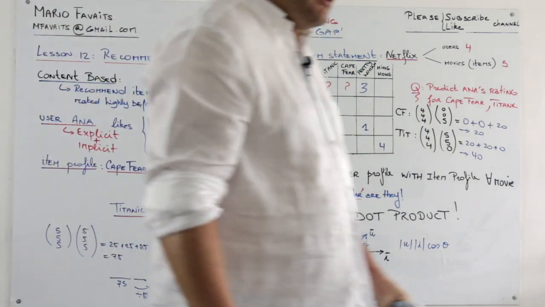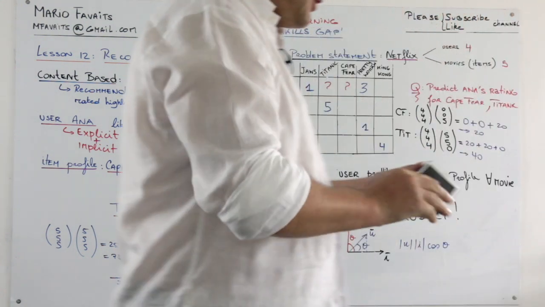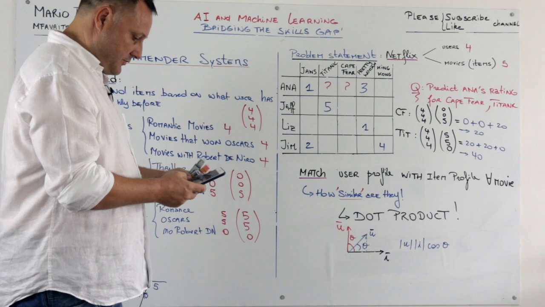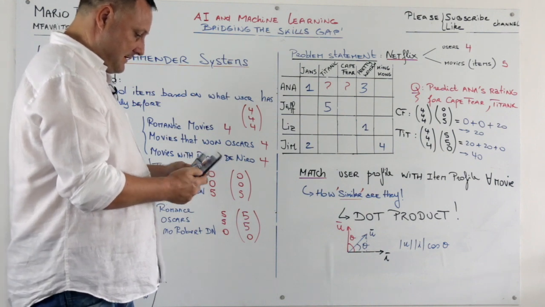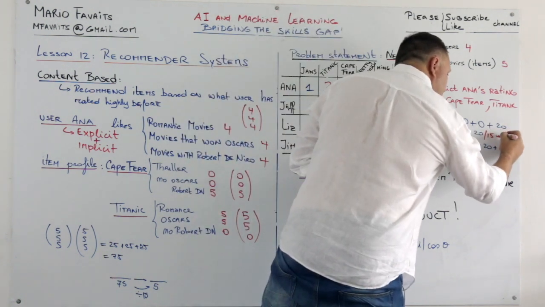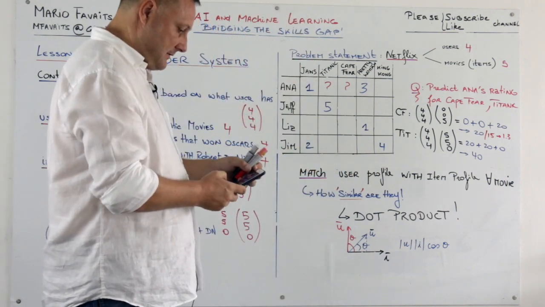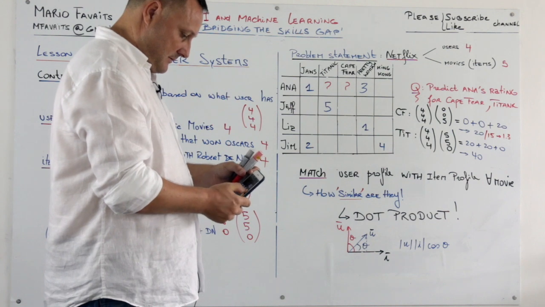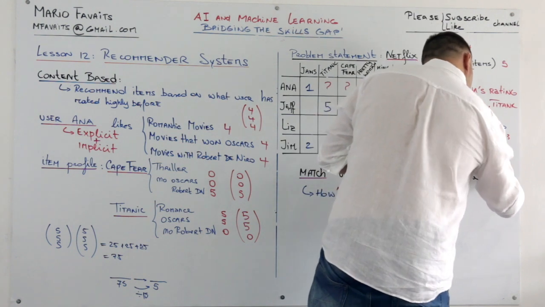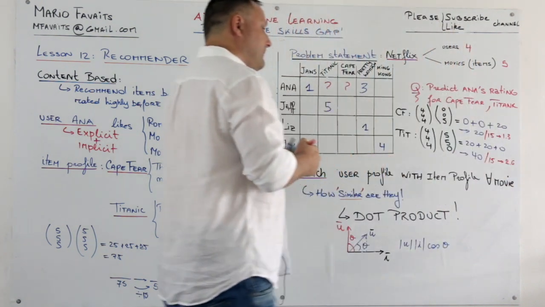So let me grab a calculator. Sorry. If we do 20 divided by 15, it would be 1.3. And 40 divided by 15 is 2.6.